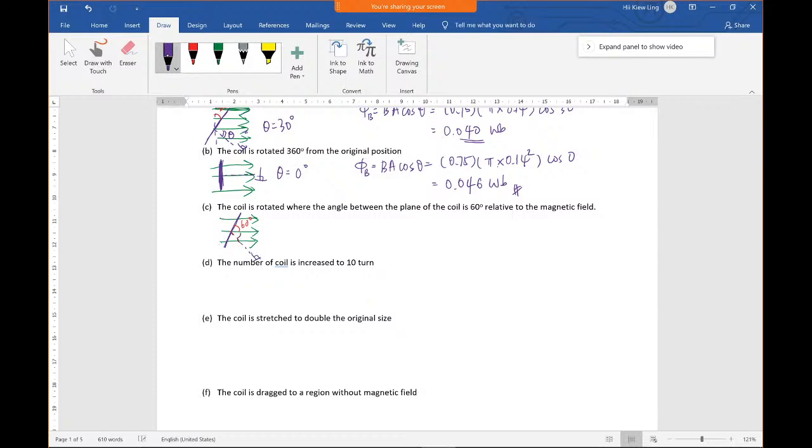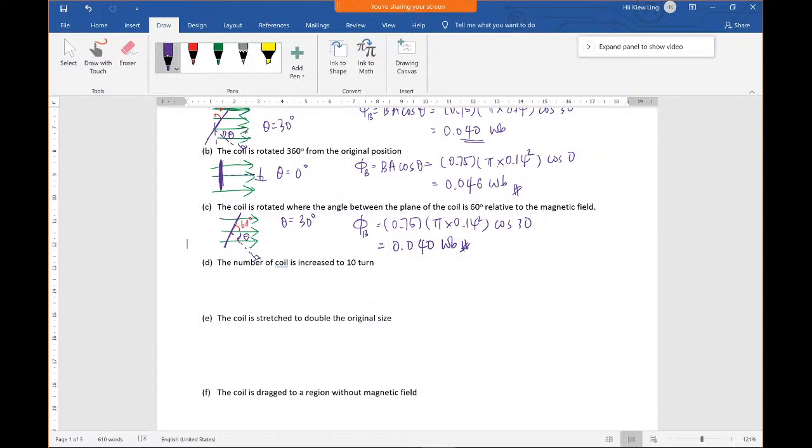The angle between normal line and your magnetic field lines is 90 minus 60, 30 degrees again. Cos 30, so you get 0.040 Weber.